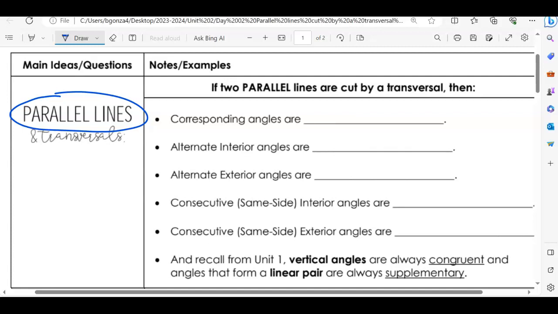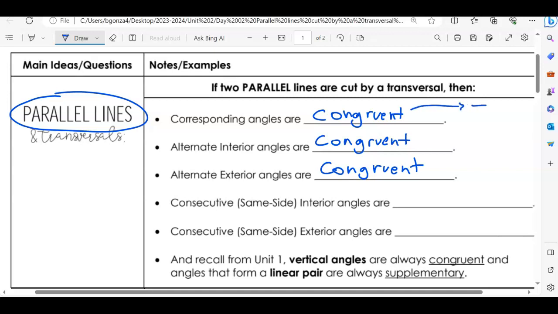If you have parallel lines cut by a transversal, corresponding angles are congruent. Alternate interior angles are congruent. Alternate exterior angles are also congruent. Those three angle relationships all give you congruent angles, which basically means that their values are equal, right?